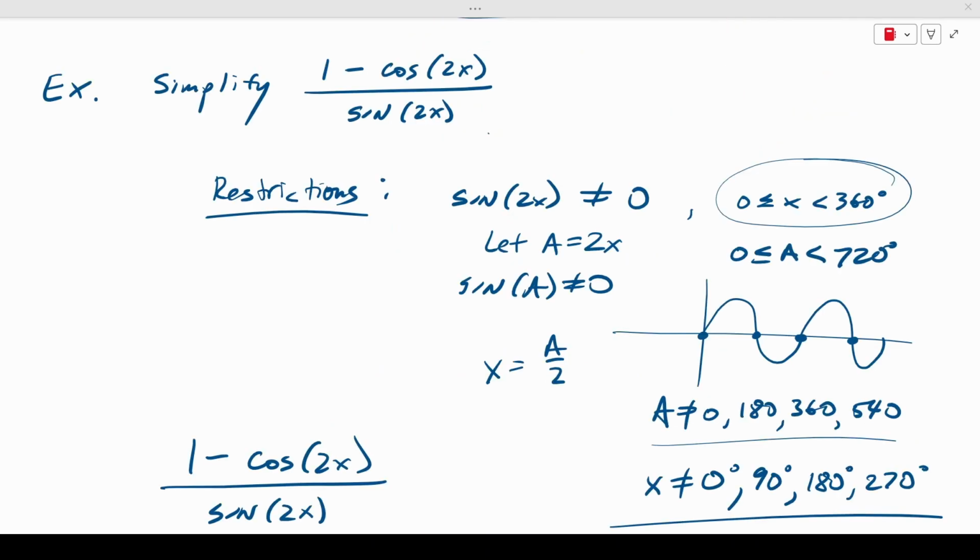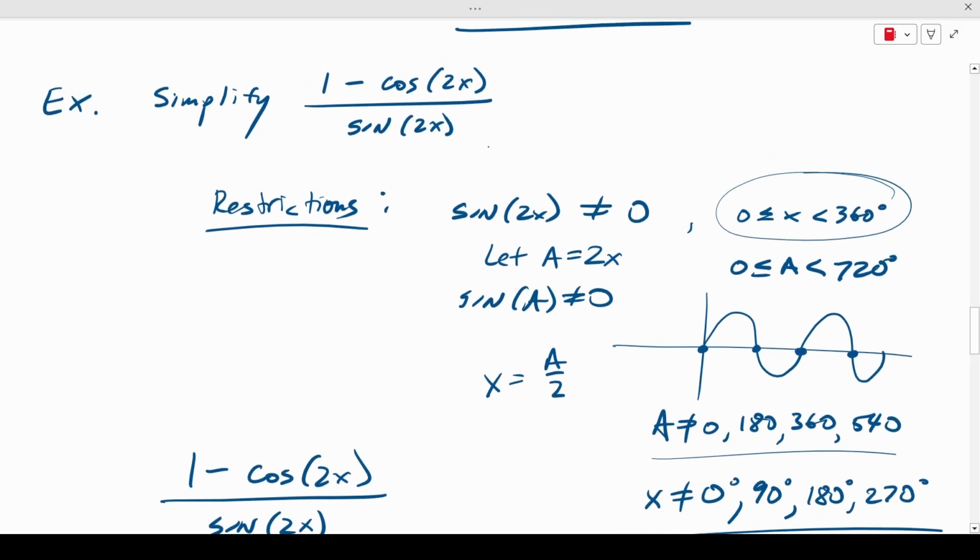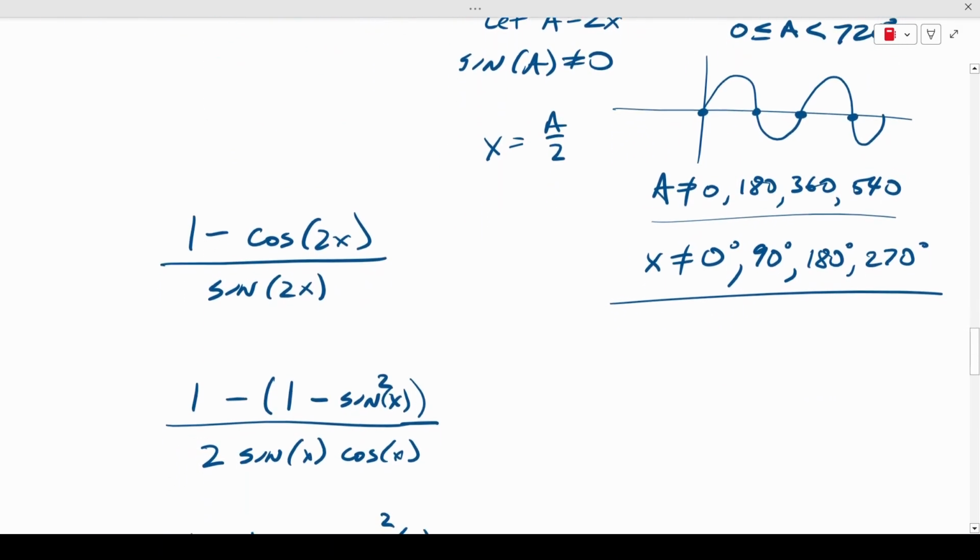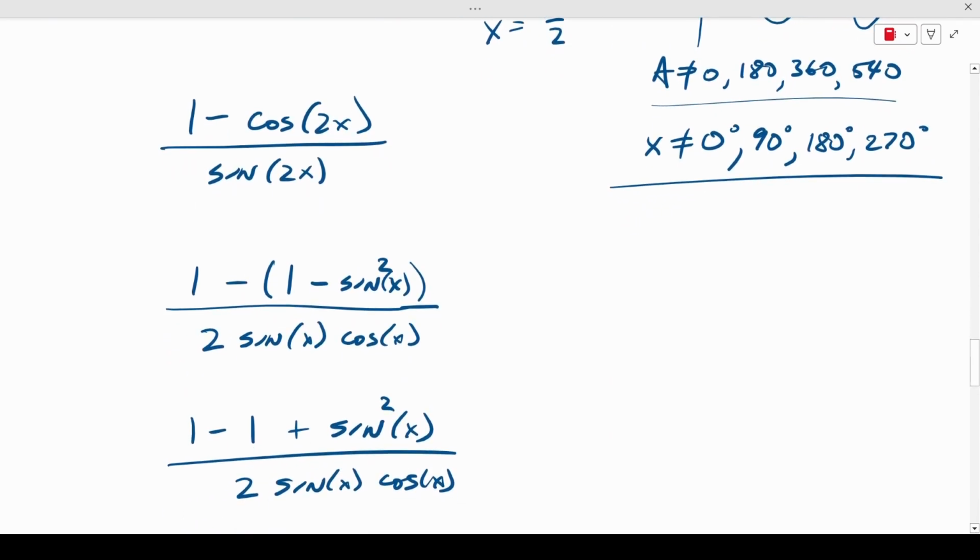Okay, now I should correct myself. I found an error in this example here, the 1 minus cos 2x over sine 2x. Quite simply, it is right here. I forgot that the identity is to subtract 2 times sine x squared.